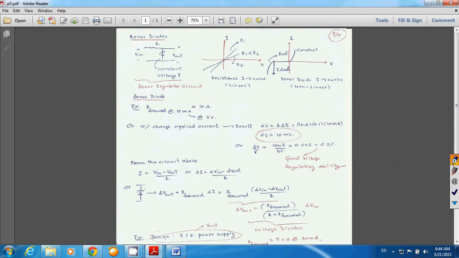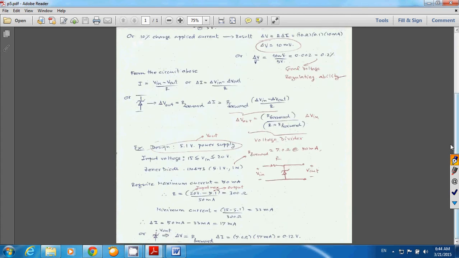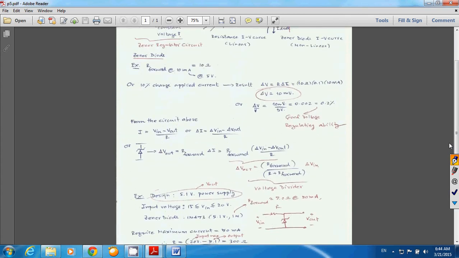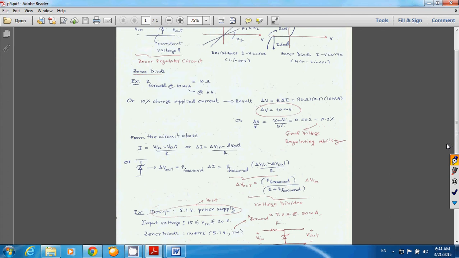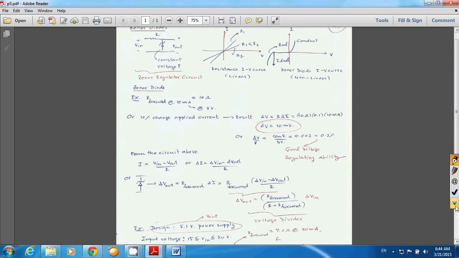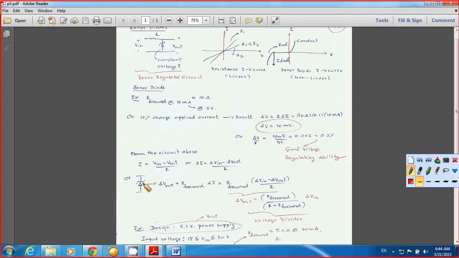Or from the circuit above, you can calculate the current flowing through the Zener diode. This is your V out. Okay, sorry. You can calculate the current flowing through R here. This is your V out.